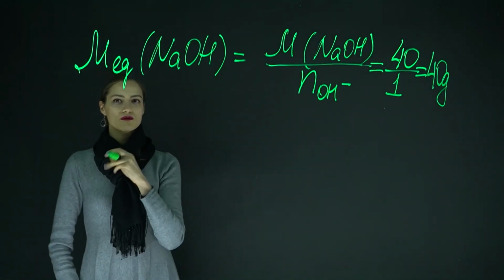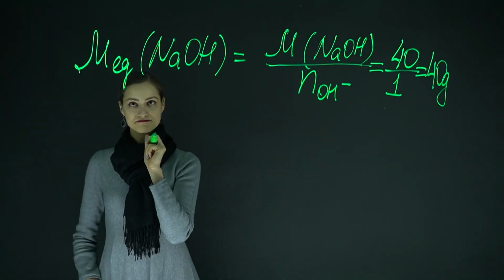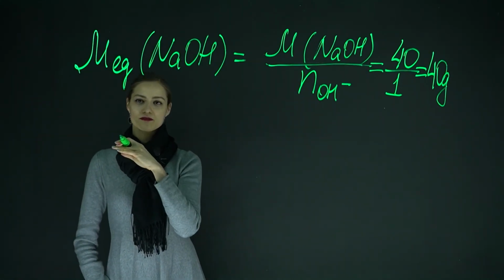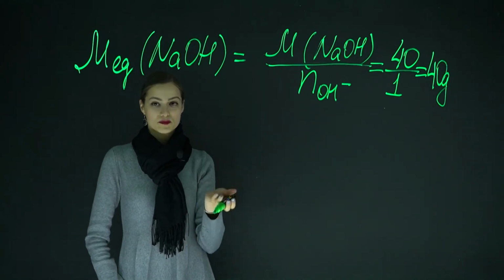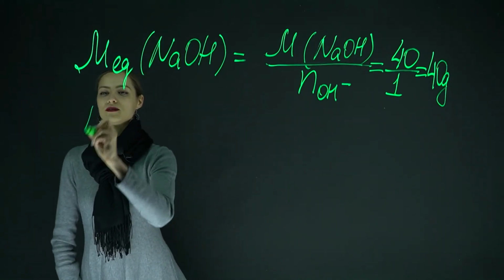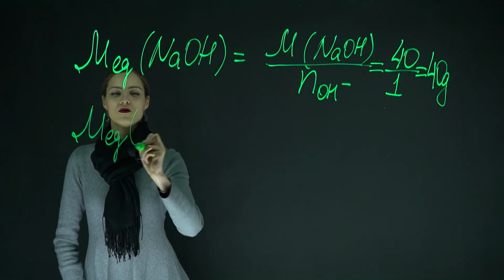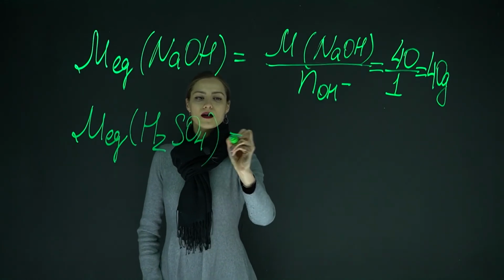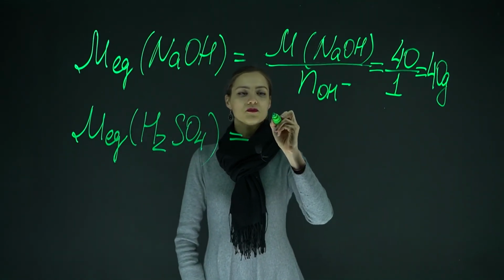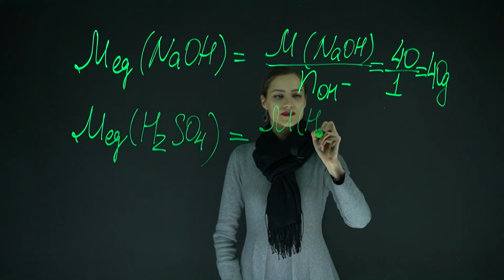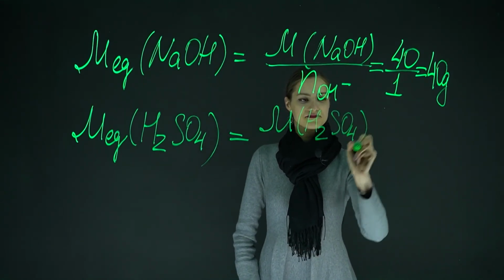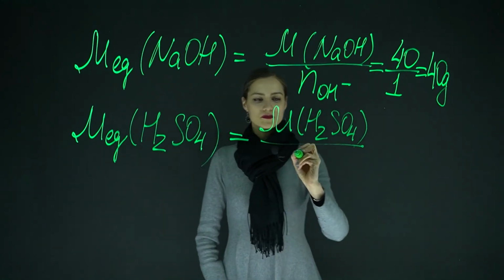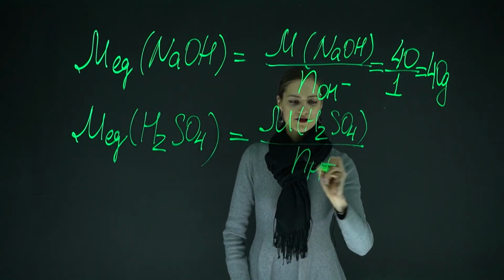Let's take an example of an acid, and calculate equivalent mass for sulfuric acid. In previous examples we calculated equivalent mass just for pure sulfur in this acid, but now let's calculate equivalent mass for the whole acid. The same situation, we take the molar mass of the whole acid, but now we divide it by the number of hydrogen cations.